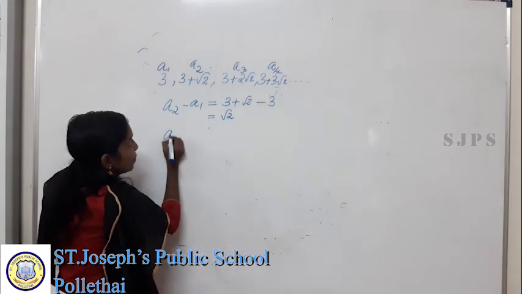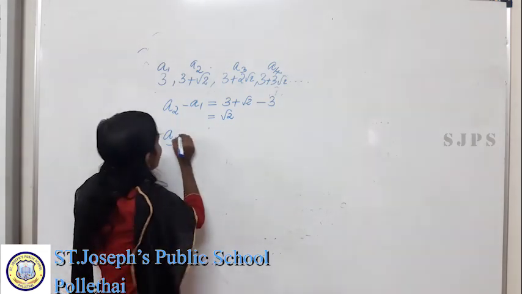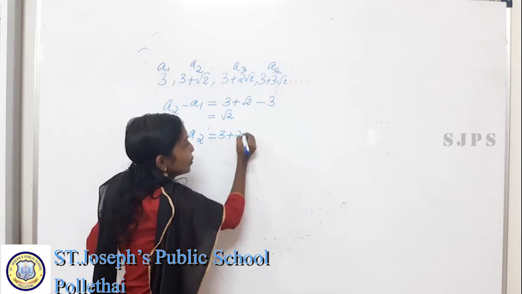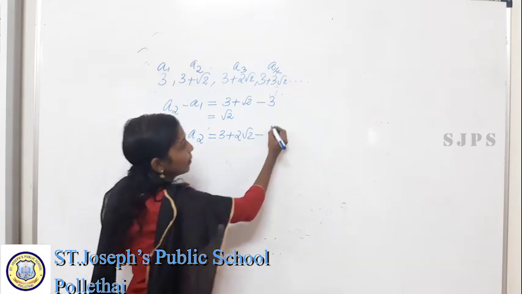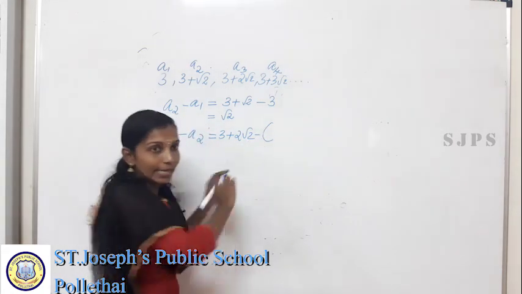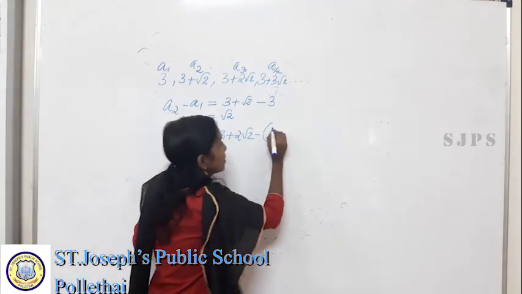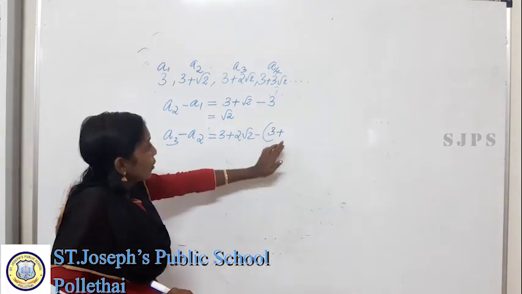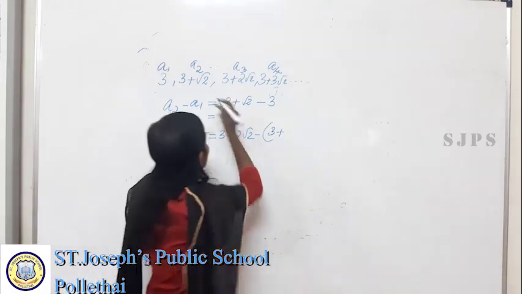Then A3 minus A2 is equal to 3 plus 2 root 2 minus, put the bracket here. If there is more than one term, don't forget to put the bracket.